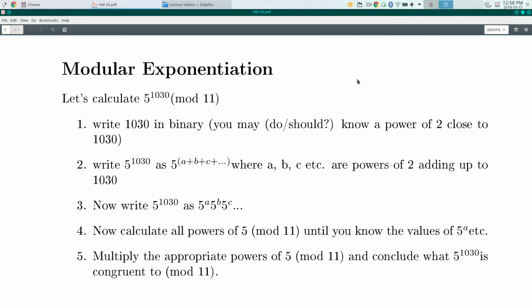And then we lost 0. 5 to the 3 is 5 to the 8. 5 to the 4. So I prefer, but not correct. She hasn't graded that yet.